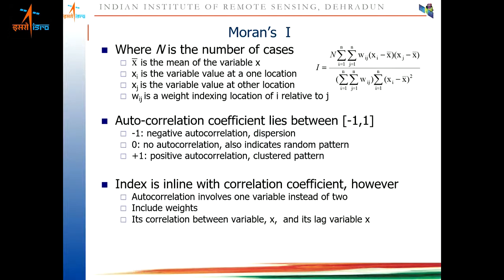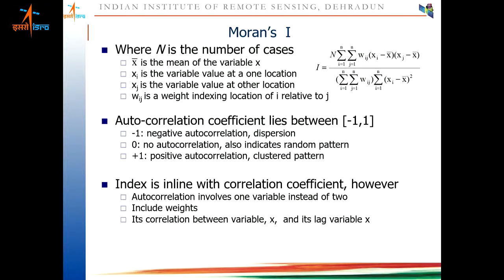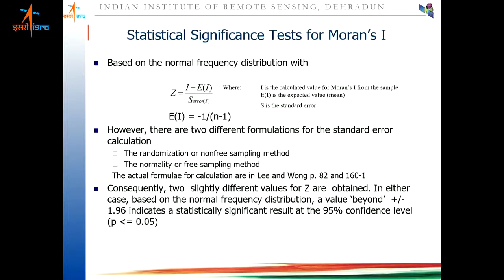In correlation coefficient, it is the correlation between variable x and variable y, but in autocorrelation, it is between variable x and x at some other distance, that is called x at lag distance. So these are a few differences between autocorrelation and correlation coefficient.